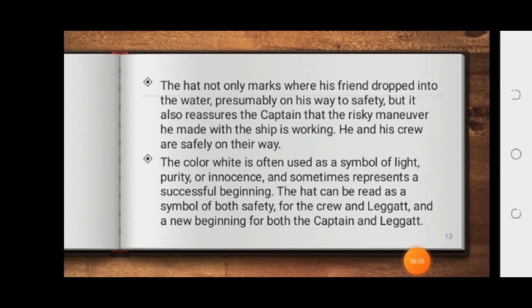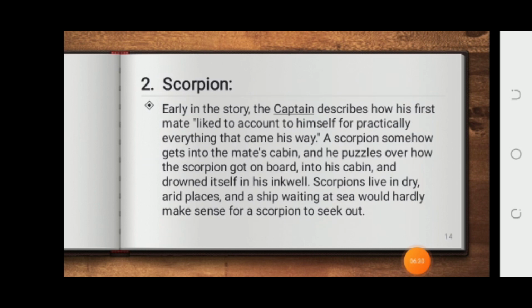It's white, and we can relate it to light. When I said light, I meant purity or innocence, and sometimes it represents a successful beginning of something. The hat can be read as a symbol of both safety for the crew and Leggett, and a new beginning for both the captain and Leggett.